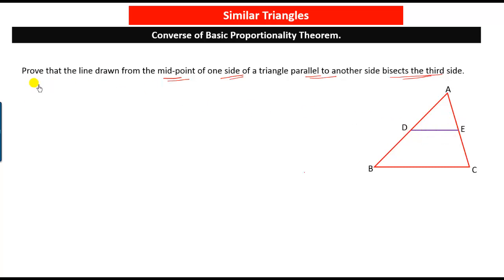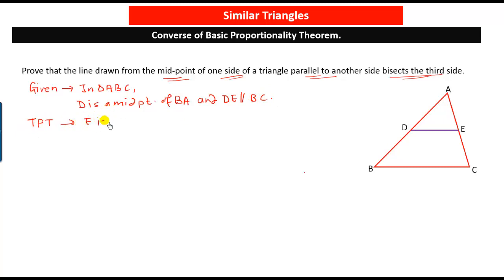So first we will write the given things. Given: in triangle ABC, D is a midpoint of AB and DE is parallel to BC, and we have to prove that E is a midpoint of AC.